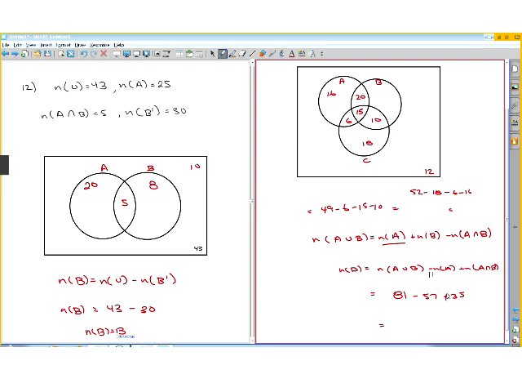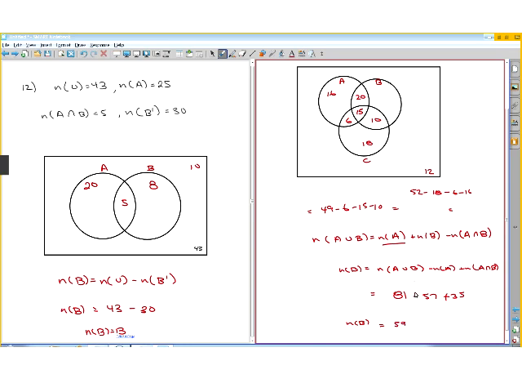Oh, it's plus. Okay, that's my problem. 81 minus 57 plus 35 is 59. So that's the number in B.